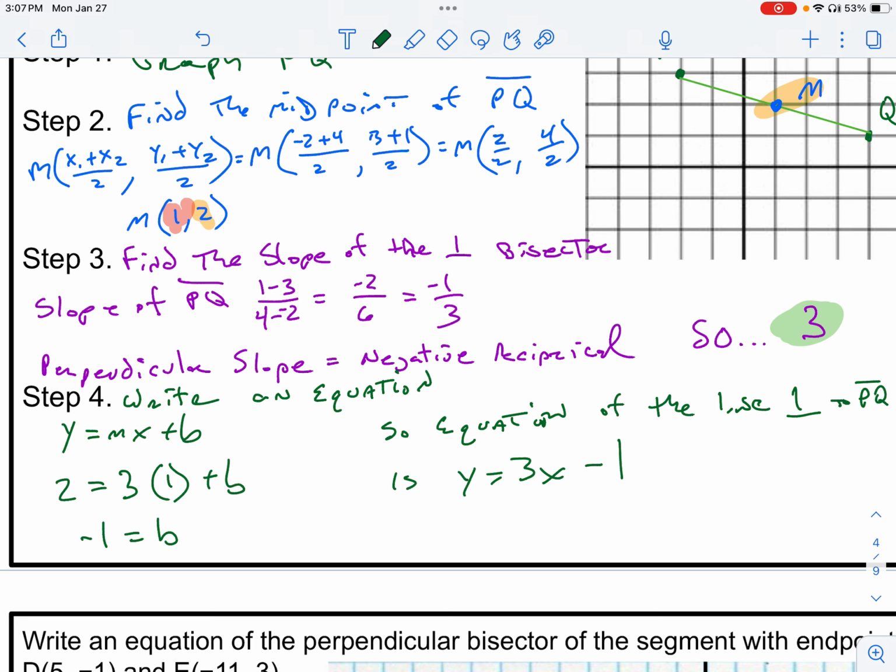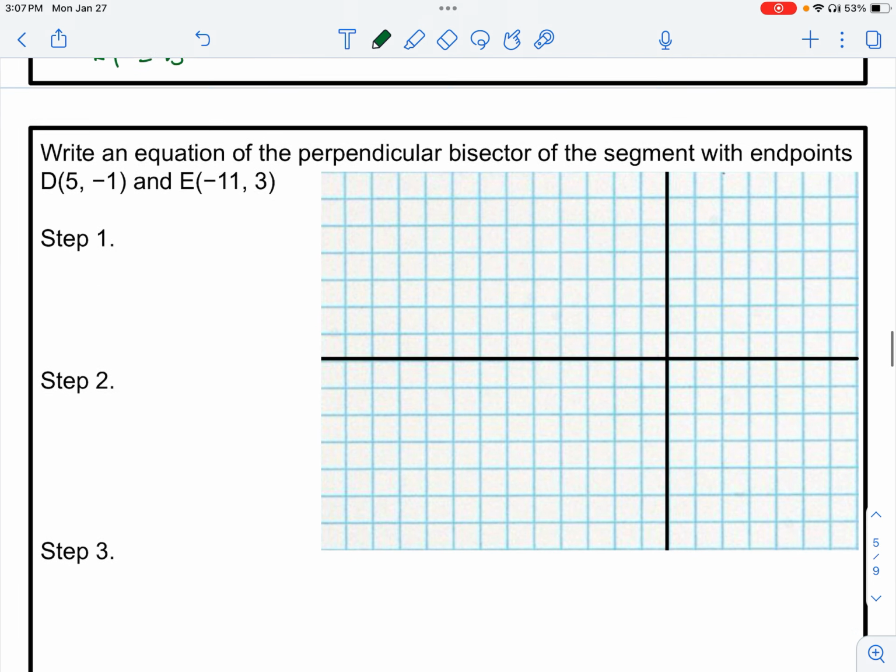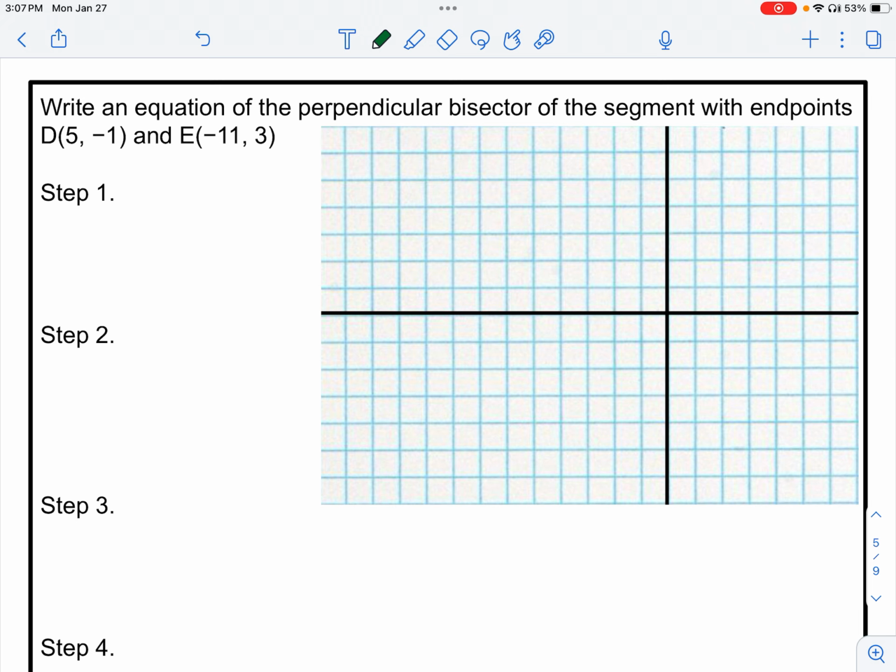As simple as that. So take that process and go ahead and complete this one down here. The process is going to be the same. Go ahead and pause the video, work through it, and then we'll come back together.